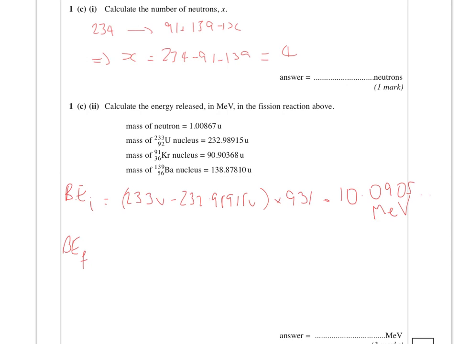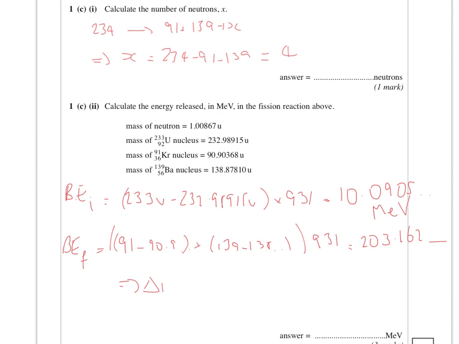So the binding energy afterwards is going to be 91 minus 90.90368 plus 139 minus 138.87810, which gives you 0.21 times 931, which gives you 20362.